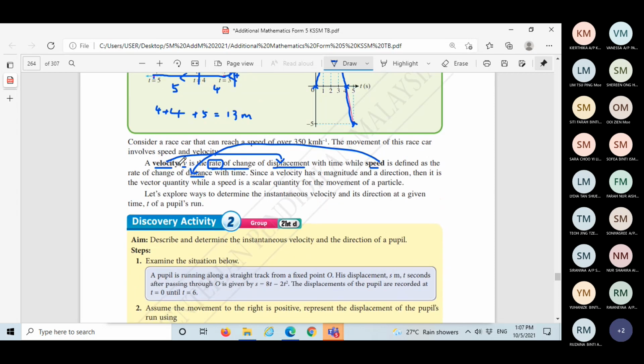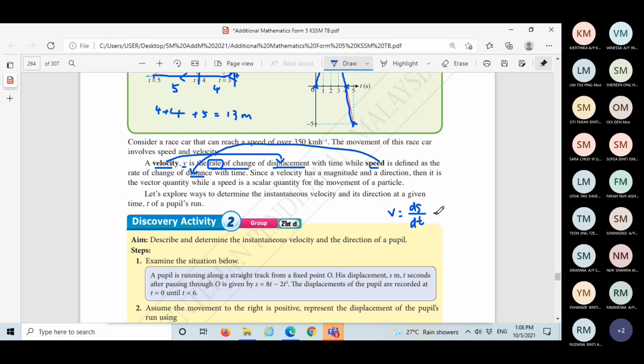Okay, so now you see what is velocity. Velocity is the rate of change. So v, rate of change. When you see rate, it must deal with time. Rate of change of displacement, s. So ds/dt is the velocity.